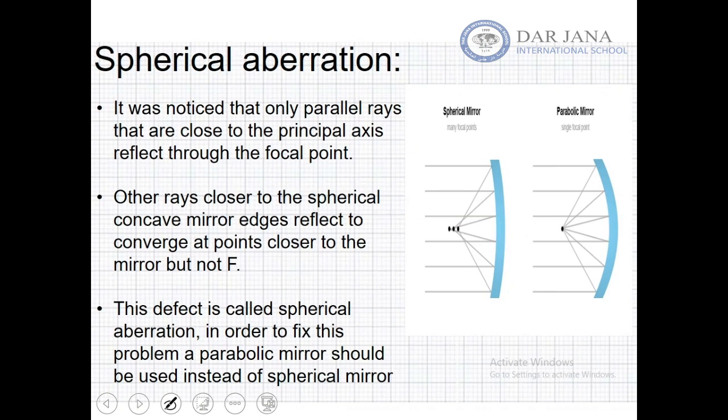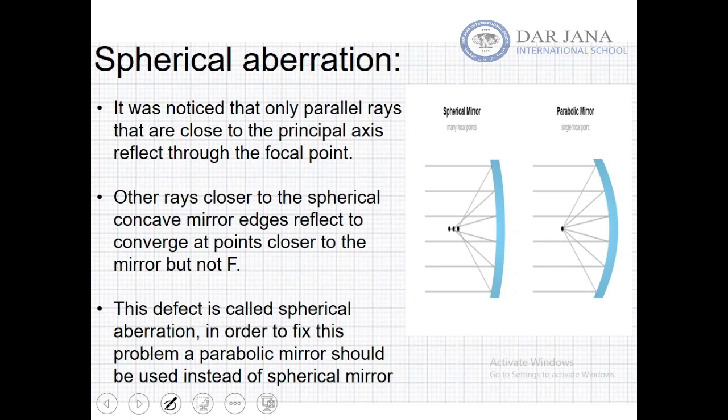Now, spherical aberration. In reality, it was noticed that spherical mirrors are not suitable to produce a certain image and to see the image clearly. We faced a problem in spherical mirrors, which is the spherical aberration.